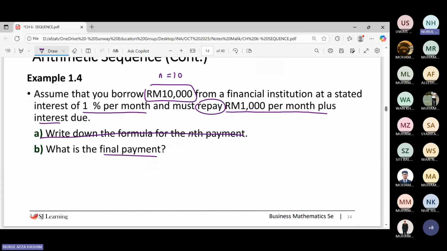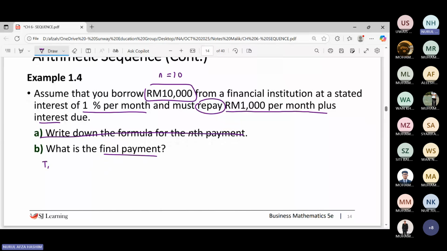Okay, bulan pertama. T1 is bulan pertama. Which is you are paying 1,000 plus the interest, which is 1% from the 10,000. How much is it going to be?